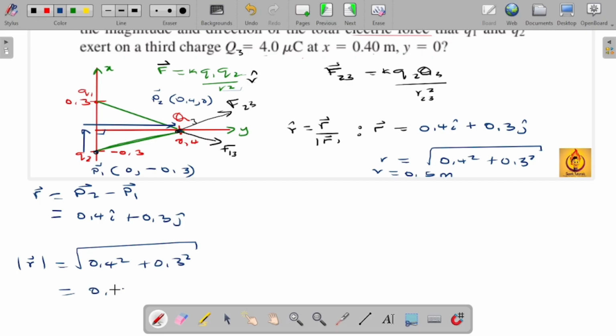And we found it to be 0.5. And now that we have the magnitude, we take the unit vector, which is the vector over its magnitude. The vector is 0.4 i hat plus 0.3 j hat, the magnitude is 0.5, so 0.4 over 0.5 plus 0.3 over 0.5. So this is our unit vector.